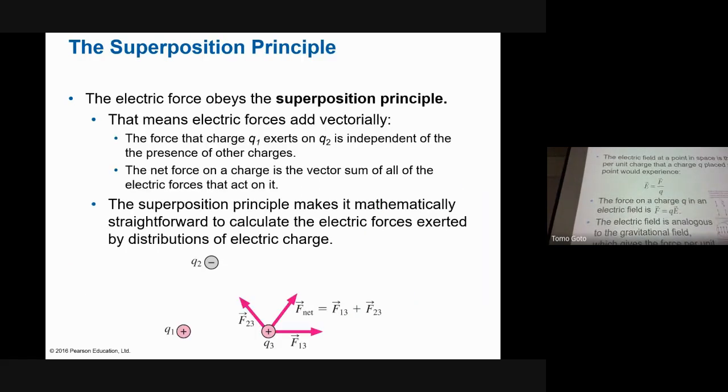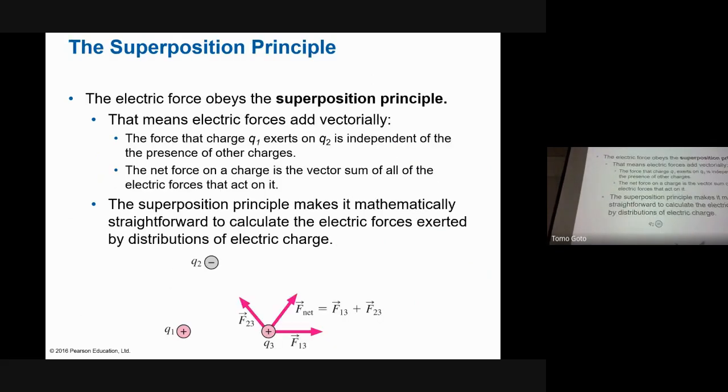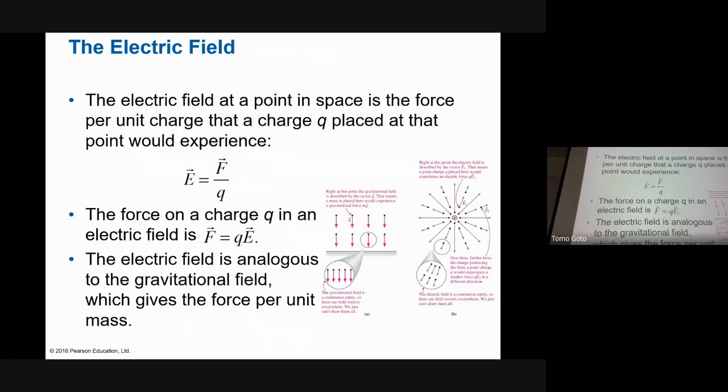So if you go back to Coulomb's law, here you put one unit charge, and then the force is the electronic field at that position. Okay, then the electronic field is analogous to the gravitational field, which gives the force per unit mass.